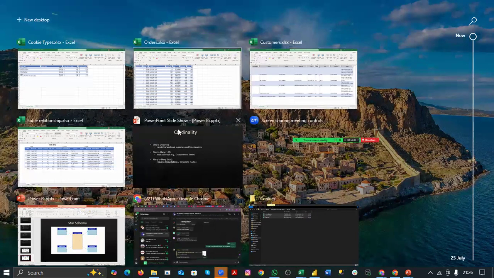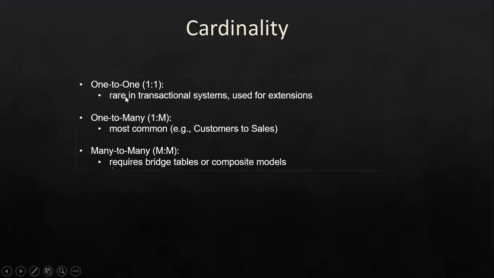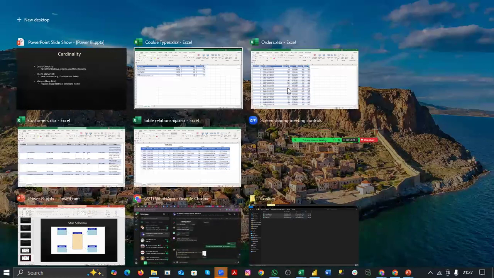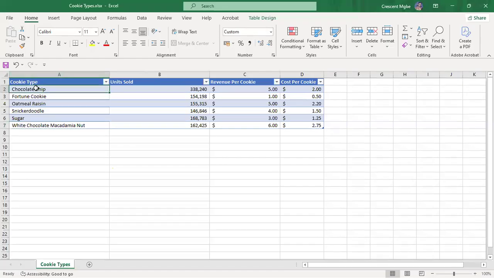So that's the relationship. Now, when you talk about one-to-many, it means two tables relating to each other, where one piece of information relates to many. Here you can see that this chocolate chip is 1. It did not repeat.